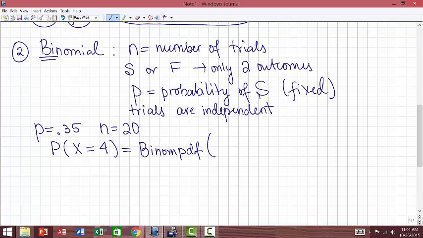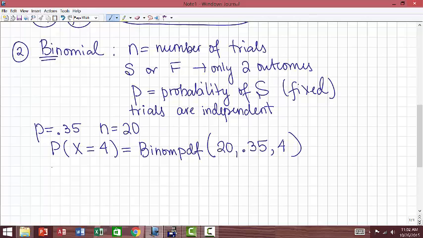The syntax goes like this: first the number of trials, then the probability of success, and then the number of successes that we want to see. My x is 4. This command will compute the probability of getting exactly 4 successes out of 20, where the probability of an individual success is 0.35.